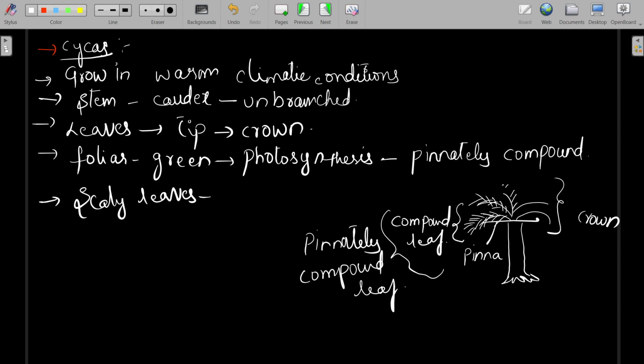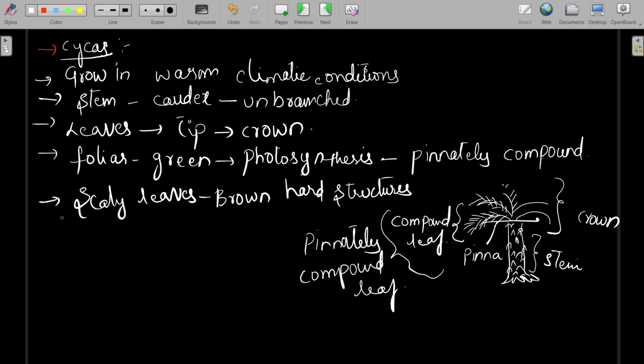These are brown, hard structures which cover all over the stem, called scale leaves.